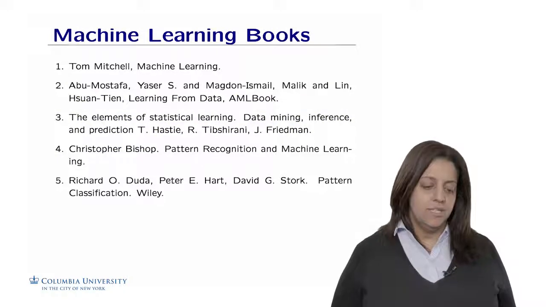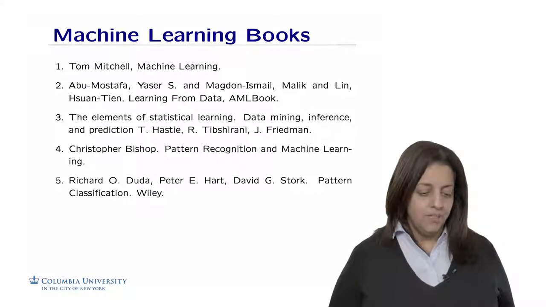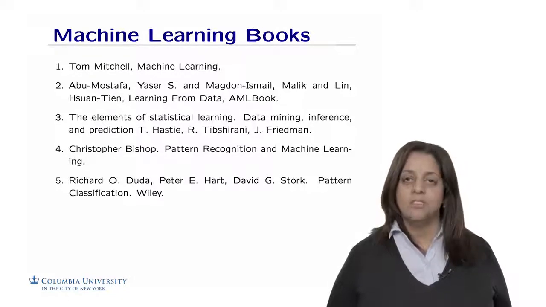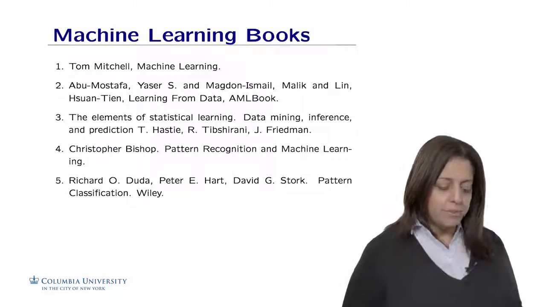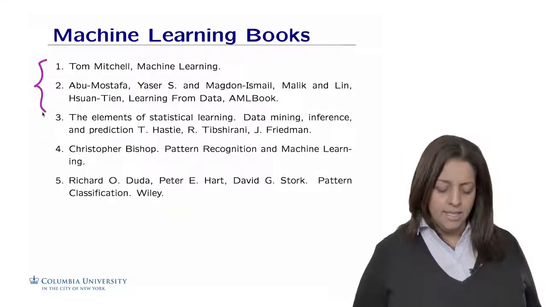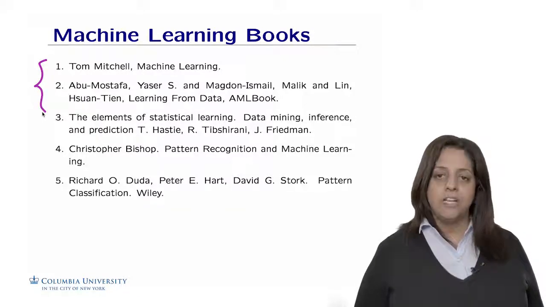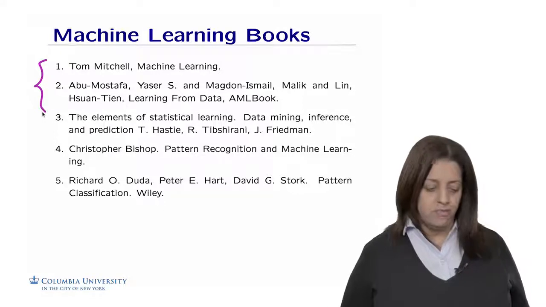Finally, I would like to mention some machine learning resources and books. For example, if you want introductory textbooks, I would recommend the books by Tom Mitchell and Abu-Mostafa, who provide a very understandable introduction and several methodologies of machine learning.